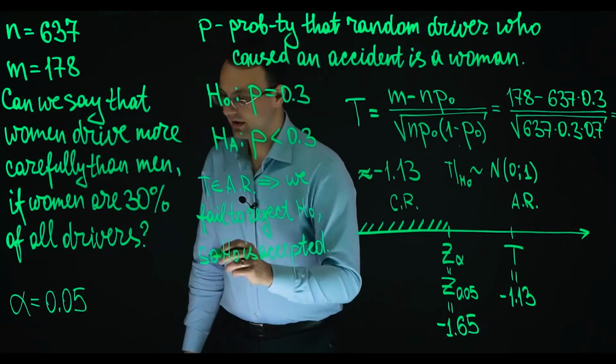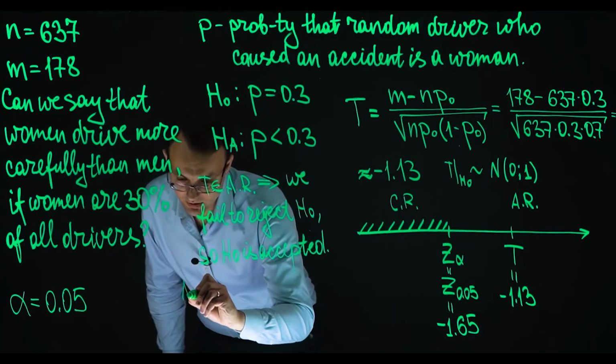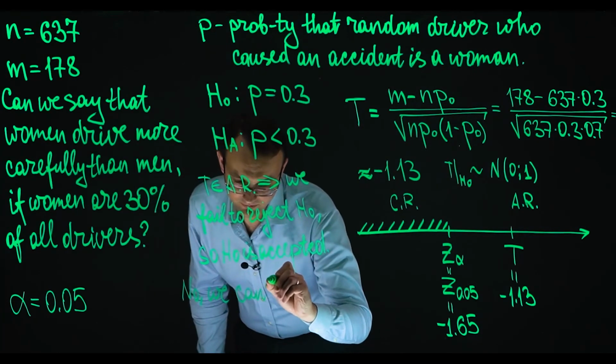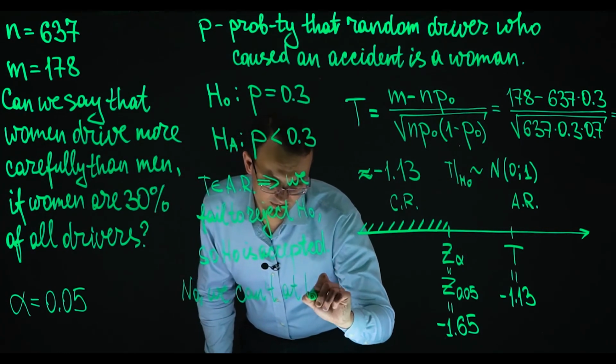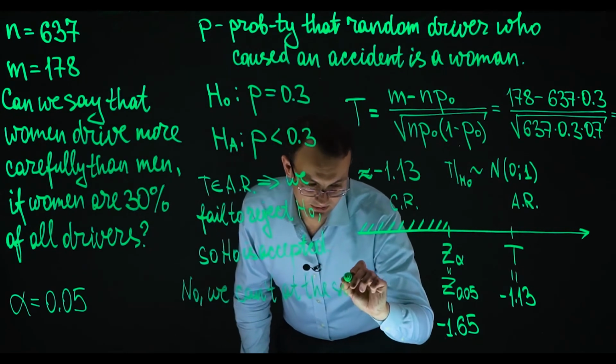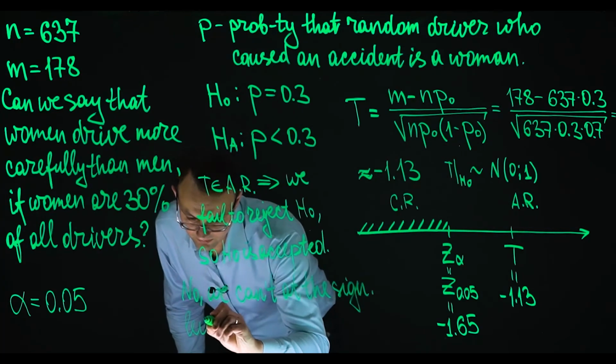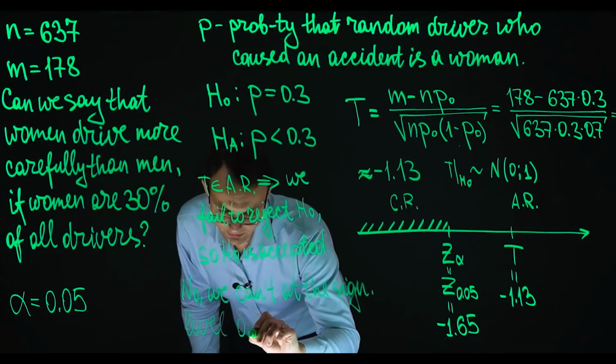So the answer is no, we can't at the significance level 0.05.